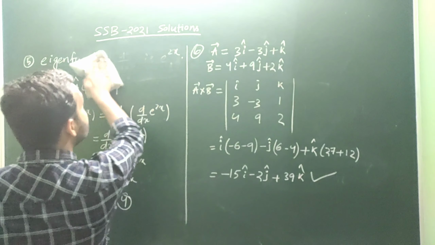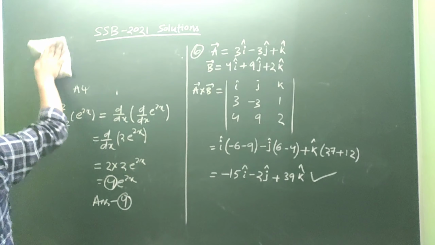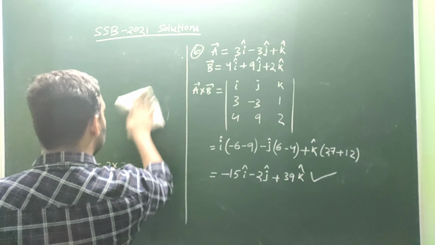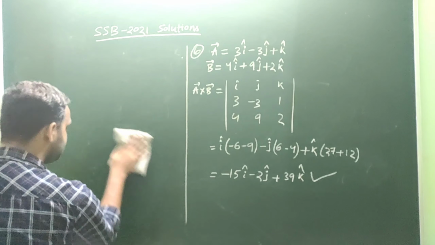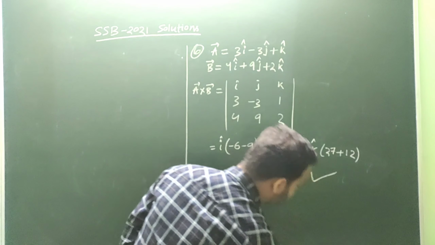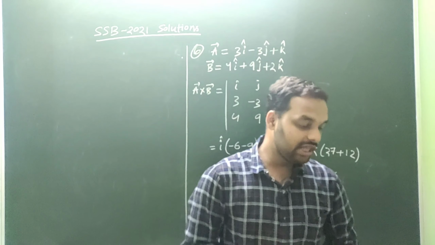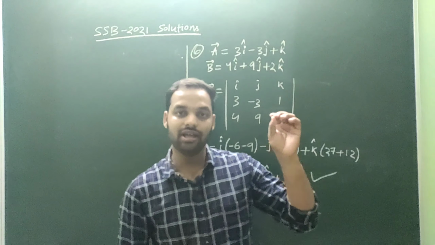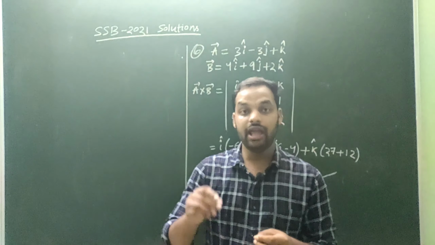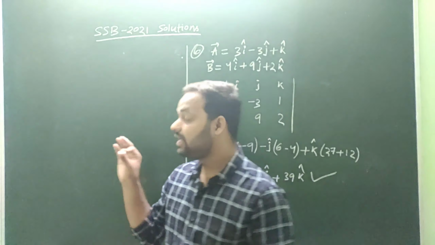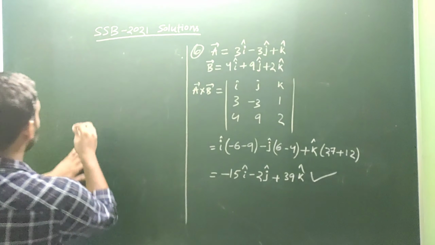So the 7th question is asking for the number of atoms per unit cell for FCC structure. If you remember the FCC structure, then there are atoms at each corner and at each center of the face. Let me draw the figure here.